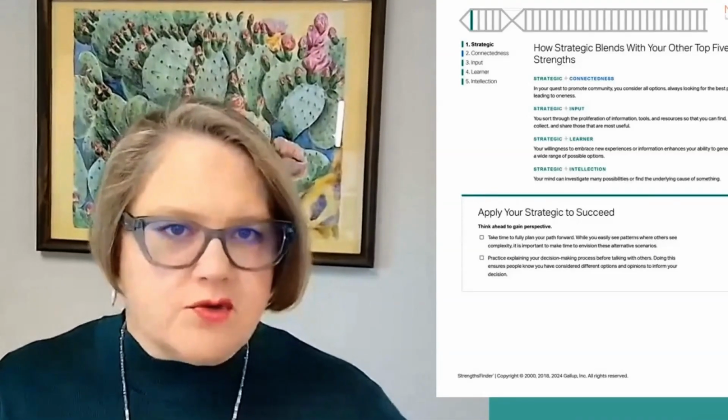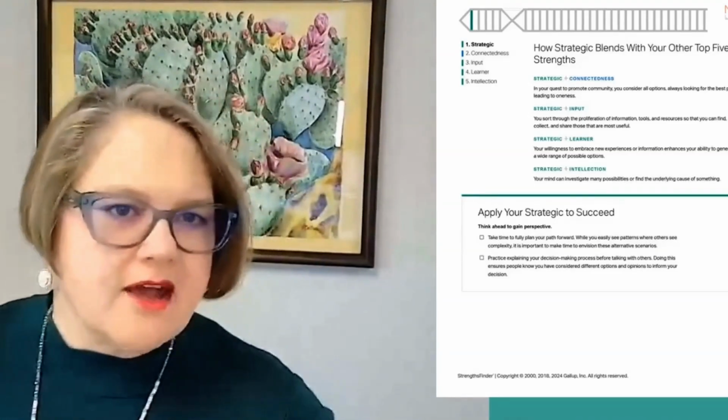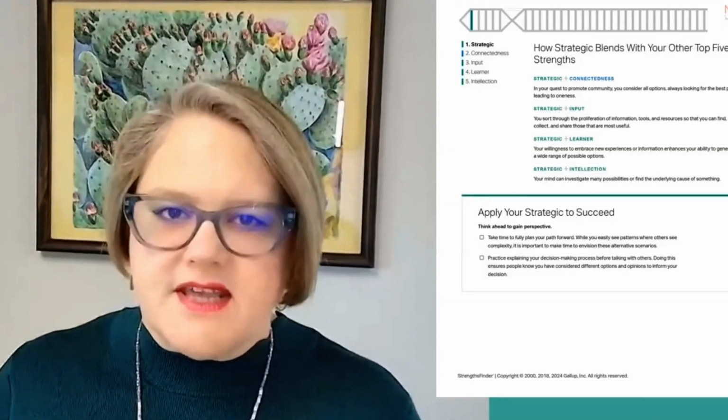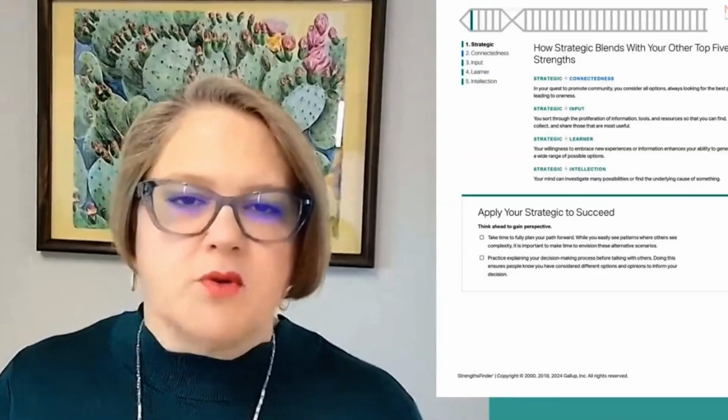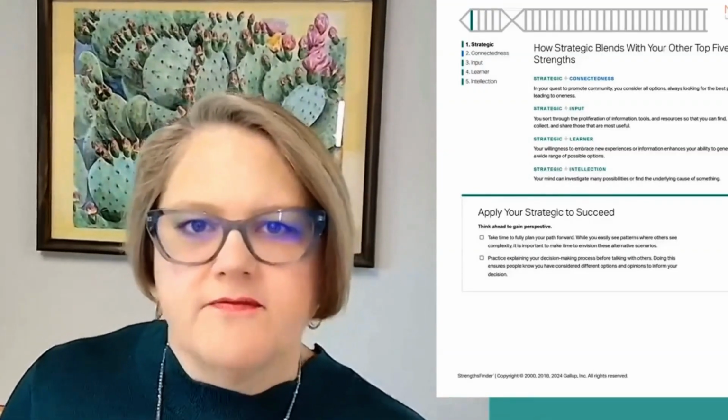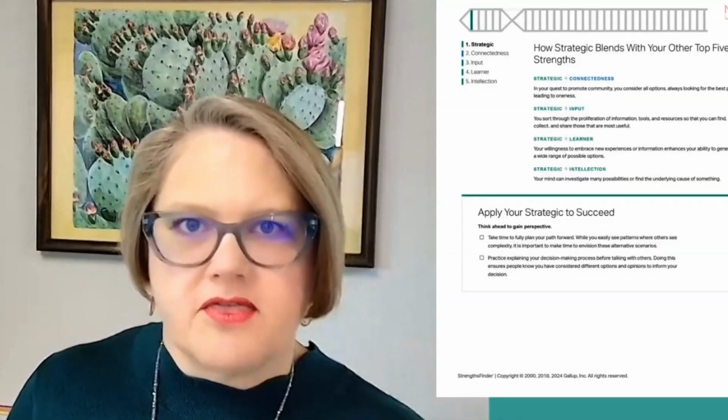And so if you could read this, which I realize you probably can't read all the details here, but if you could, one of the things you can see is it's going to say for me, my number 1 action item for strategic is to take time to fully plan your path forward. I see patterns where others see complexity, but it takes me time to really think through what those options are.